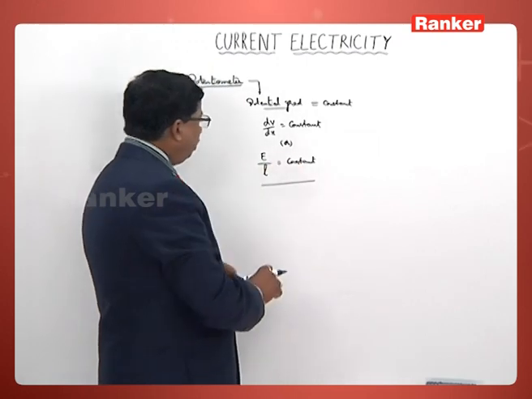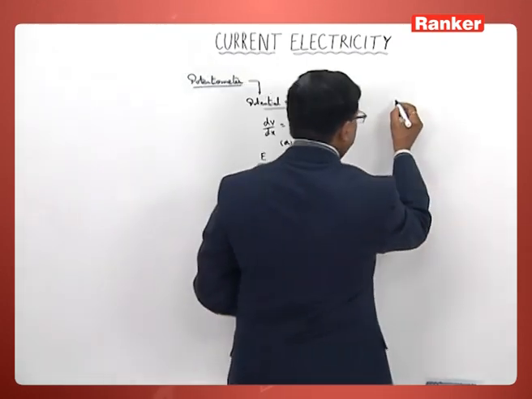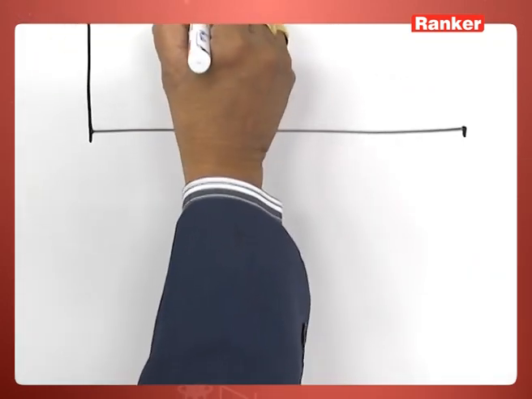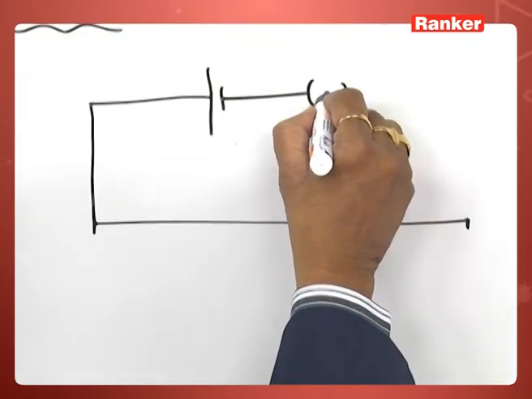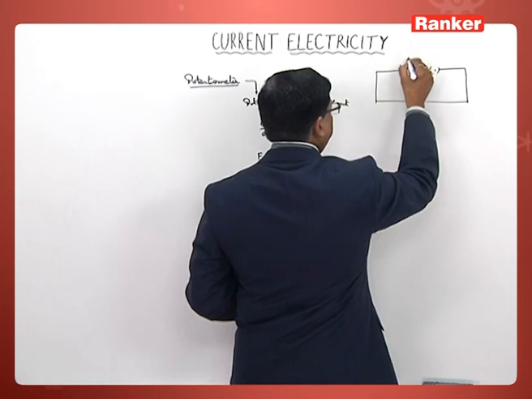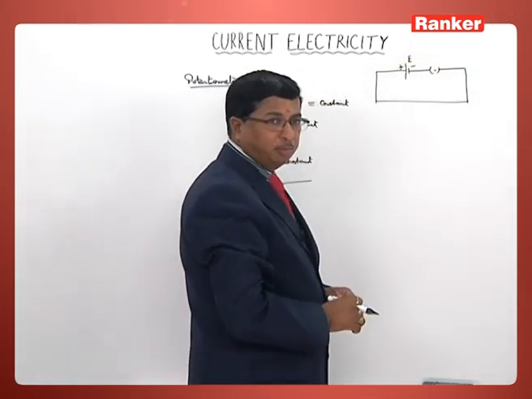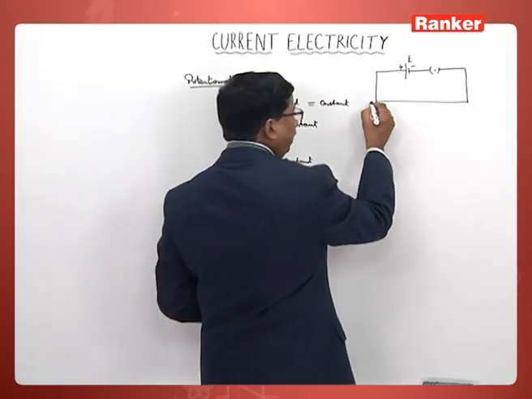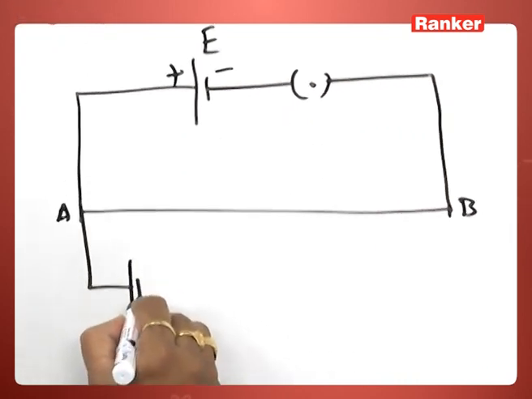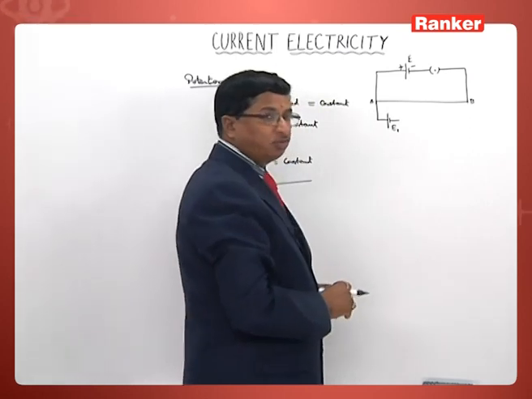Now the second point: when we consider this potentiometer circuit, you will find one circuit again called the primary circuit. This primary circuit is going to have a cell of greater EMF, and the secondary circuit we are finding here will have a cell of EMF E1 which is to be determined.